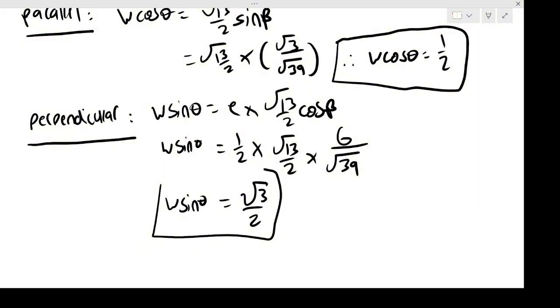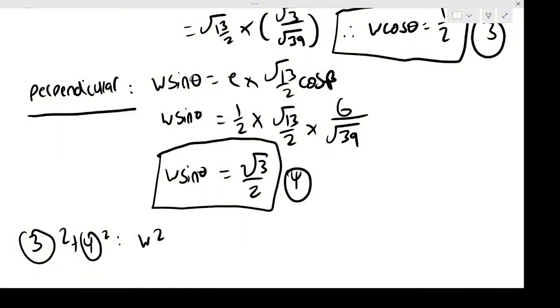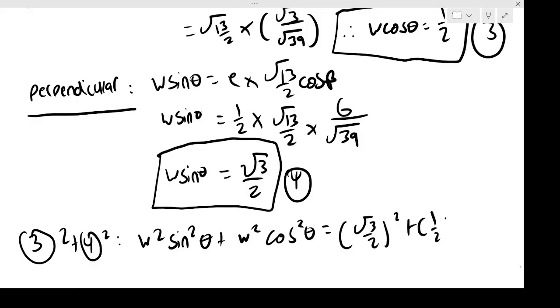So there we are. We've got these two equations here. I'm going to call them equation 3 and 4. Again, same procedure now. We want to firstly square them both to get my speed W. So doing that, we're going to get W squared sine squared theta add W squared cos squared theta to be root 3 over 2 squared add a half squared, right?